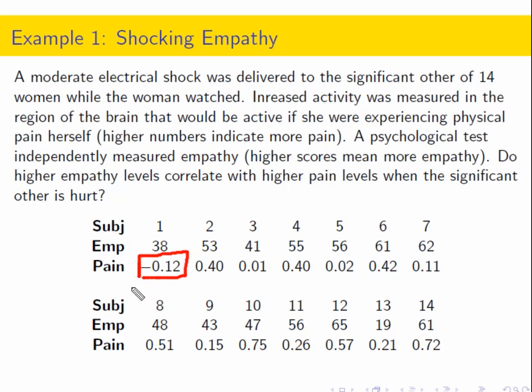In the first observation, we see somebody who has less pain activity in that part of their brain rather than more. So that's kind of funny. Was she angry with the significant other? Was there a fight recently? So the setup cracks me up, and that first data point cracks me up.